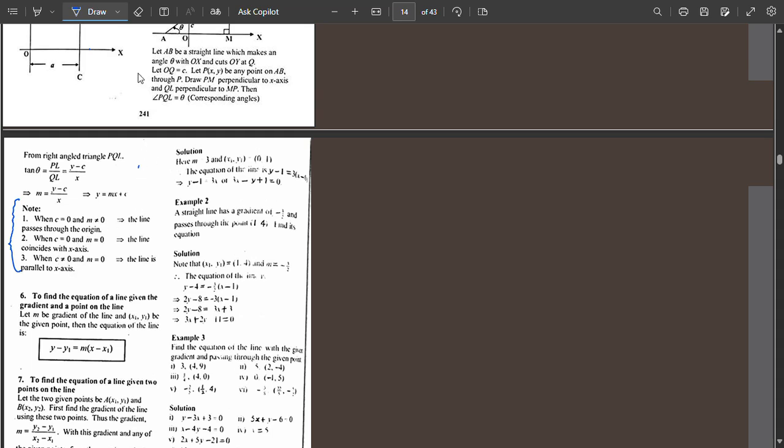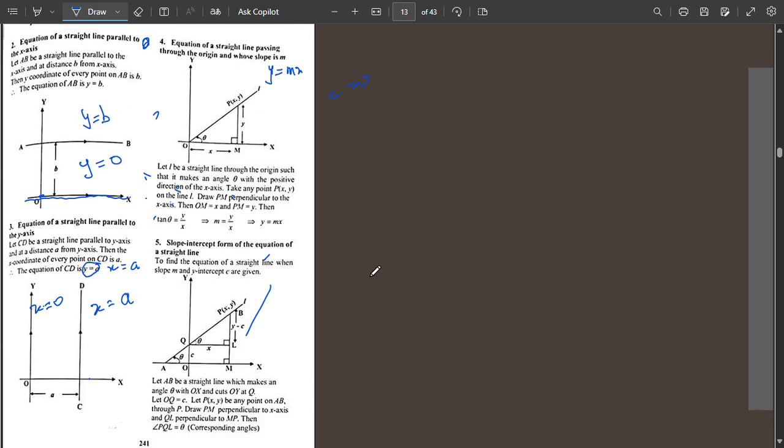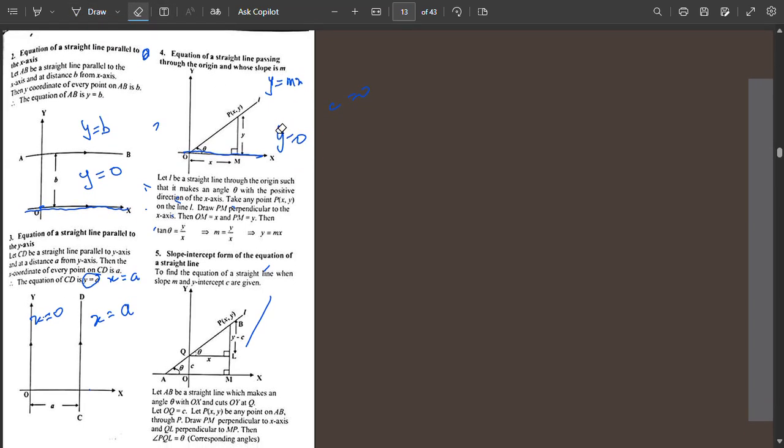If the intercept is 0 and the gradient is also 0, then the line will be on the x-axis. It will be the same as the x-axis, because it is y equal to 0, and that's the equation of the x-axis.